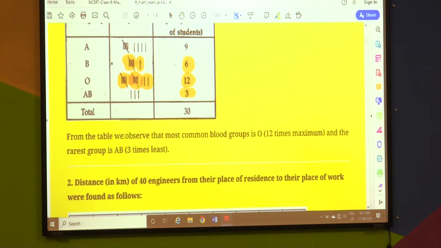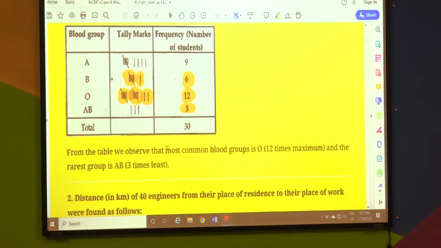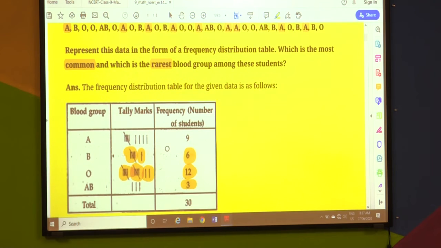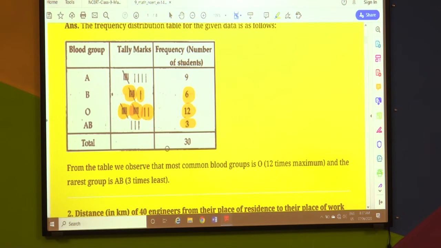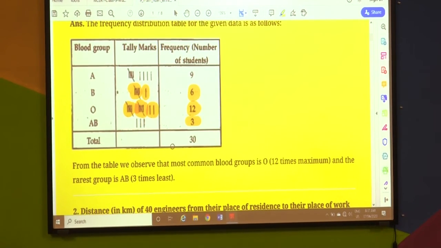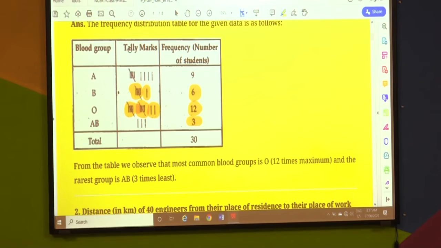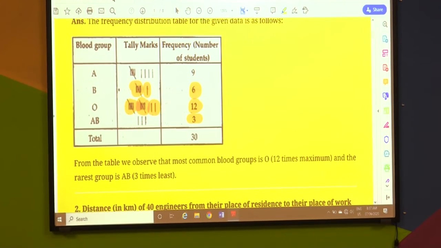So, from the table we observe that the most common blood group is O, 12 times maximum, and the rarest group is AB, 3 times least, and this is the answer. Children, we have to answer the questions carefully. After observing the frequency distribution table, then only we can answer it properly. Else, it will become a confusion for us. Let us go for the second question.